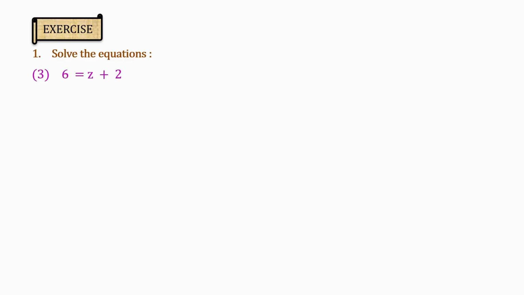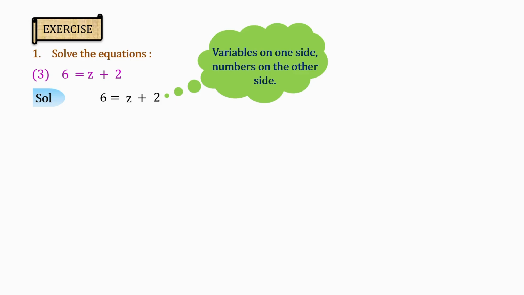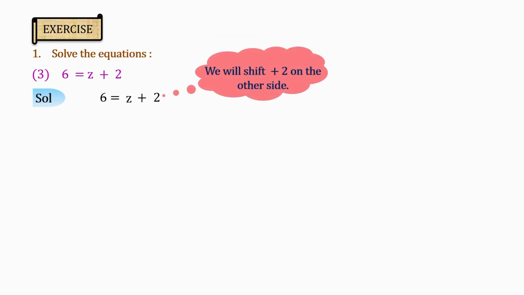Now, next problem, 6 equal to z plus 2. Same principle, variables on one side and numbers on the other side. So, here in this case, we are going to shift plus 2 to the other side.